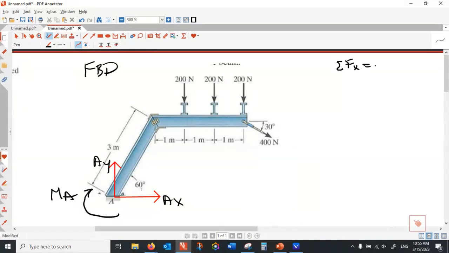Net forces horizontally equal to 0, that's condition number 1. Condition number 2 is the structure doesn't move vertically. Condition number 3 is that the structure does not rotate. Net rotation equal to 0. All right, tell me which equation is reasonable to start with.